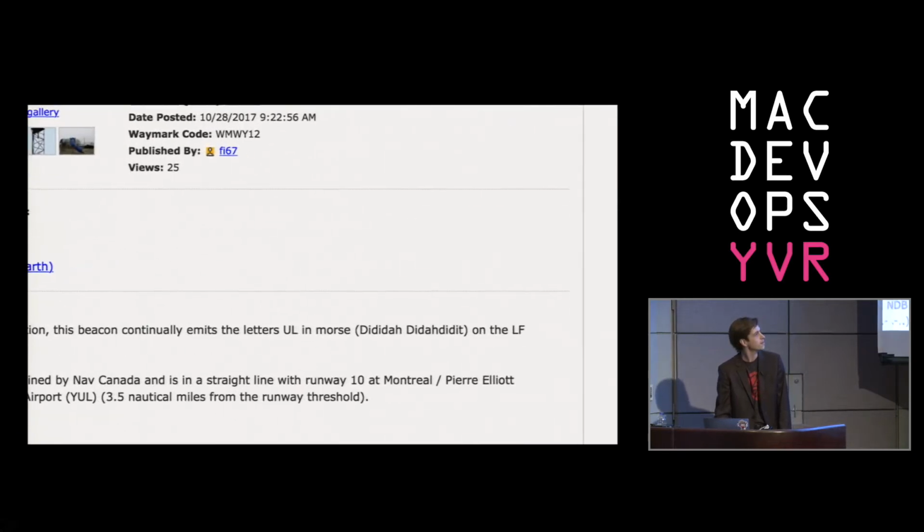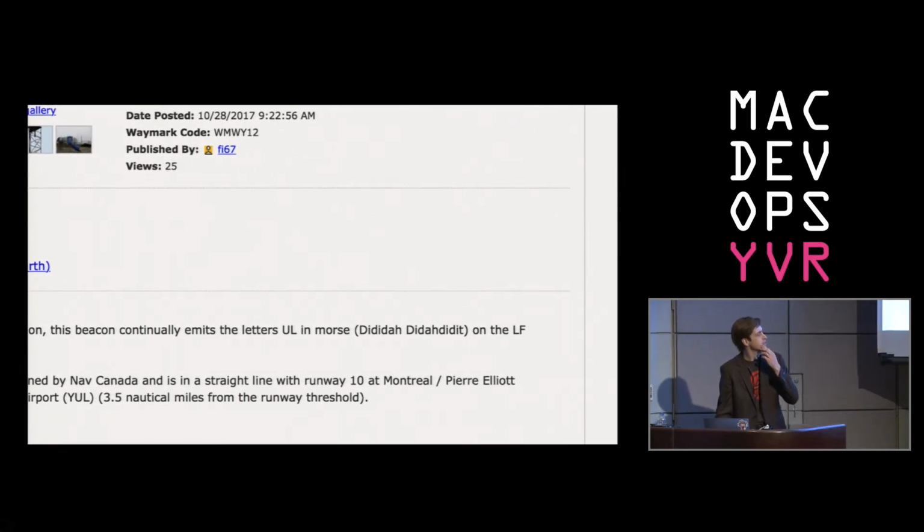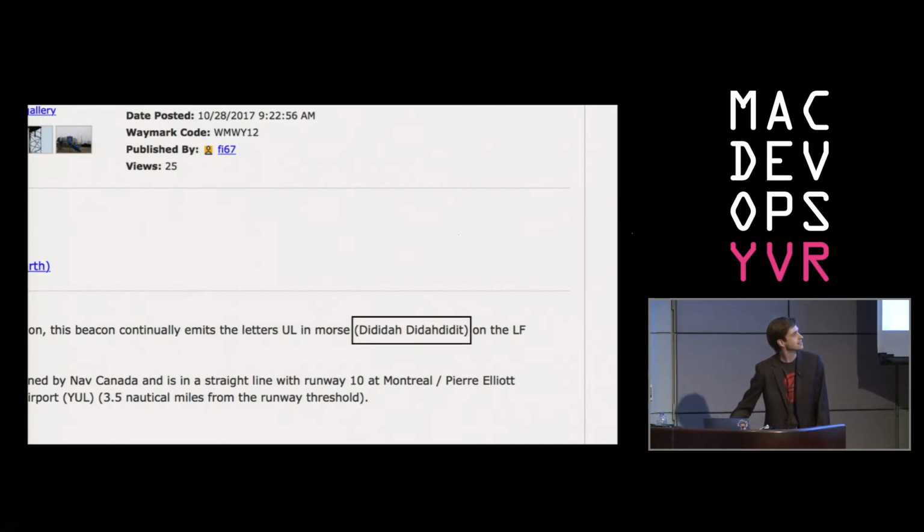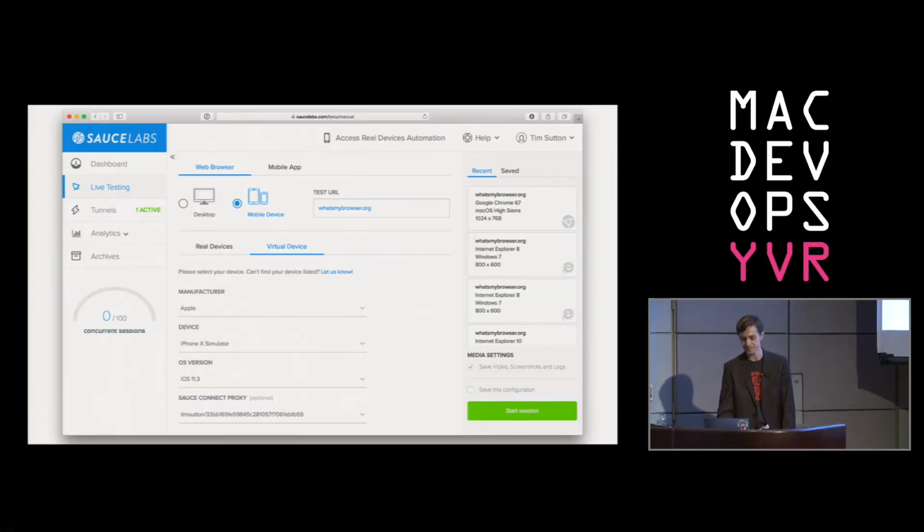And I learned that you can translate U to UL to English with dit dit dah, dit dah, dit dit. That's another new thing I learned this morning. There you go.